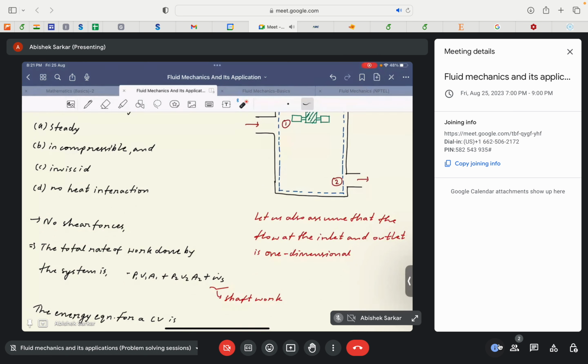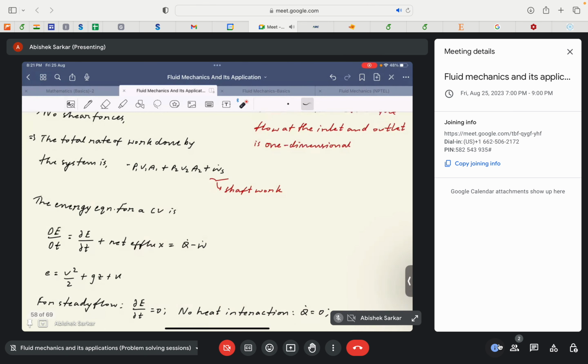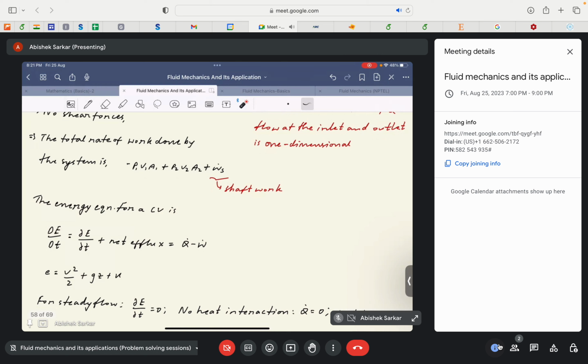We state it as done by the system so that we can fit the equation into the standard sign convention. We will look into it while solving problems. Right now we just agree with the given convention and go through the derivations.